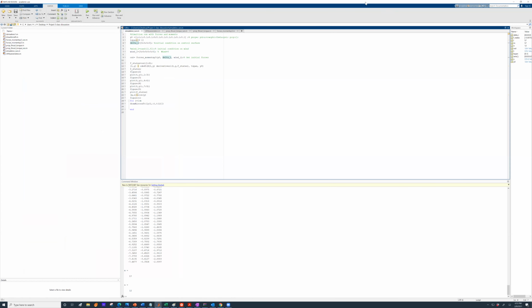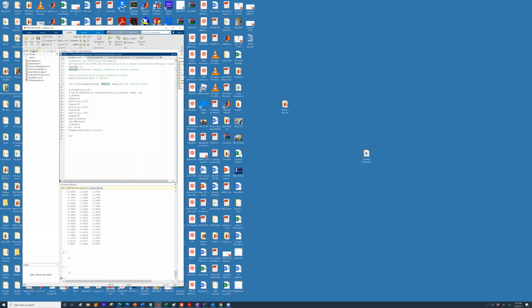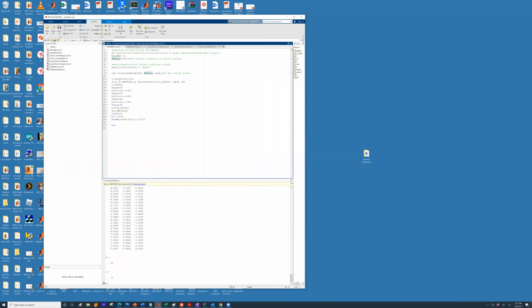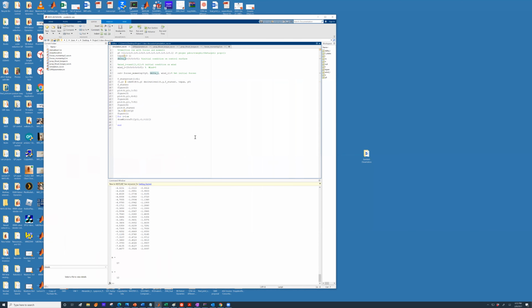And if you look at this MATLAB screen, you should have the project 3 class discussions folder. This folder is in the latest announcement, and it is also part of the MATLAB scripts that I have uploaded.